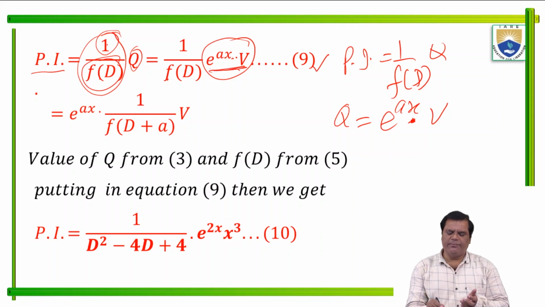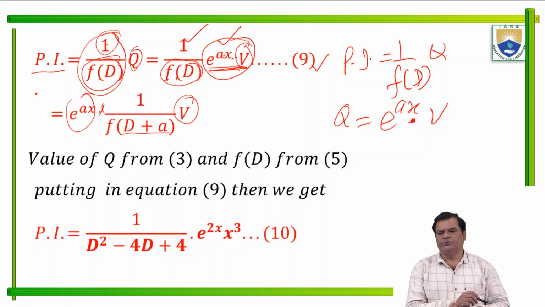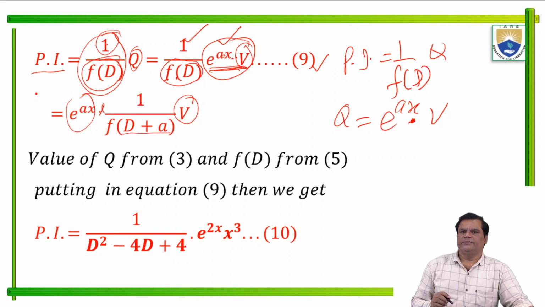If two functions are multiplied, and the first function is exponential, then this exponential function is taken to the left side of PI in the numerator, and the other second function b is taken to the right hand side. In f(D), which is in the denominator with numerator 1, put D equal to D plus a. So this is the process to find the particular integral of any question.